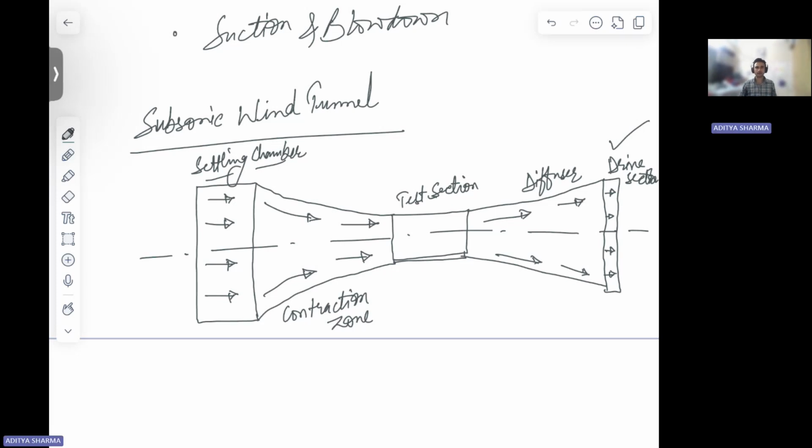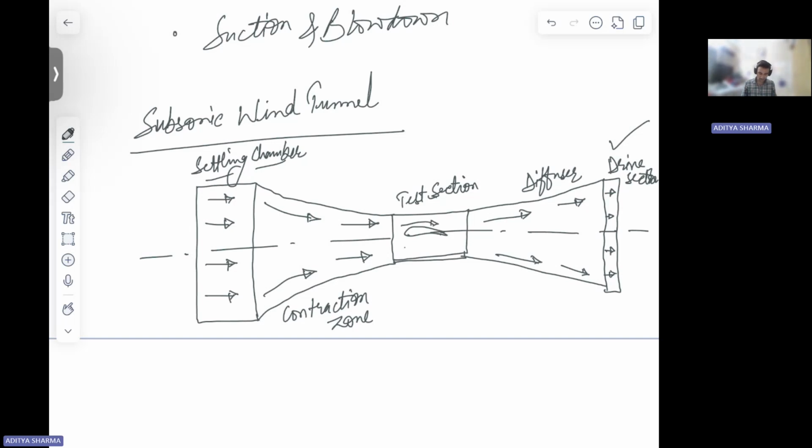Then at your contraction zone, the flow speeds up and enters the test section. Now in the test section, you can keep your aerodynamic body, or in case it's a water tunnel, a hydrodynamic body, and study how the flow behaves on it.